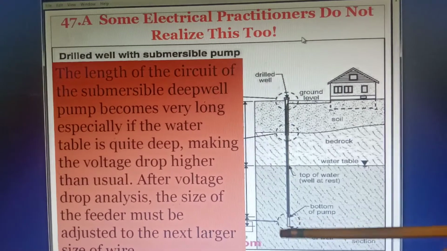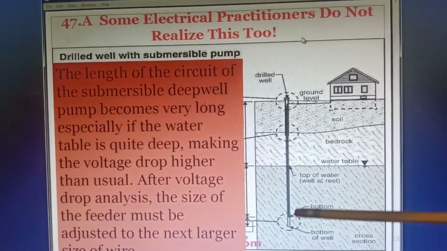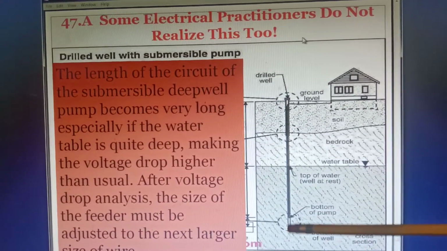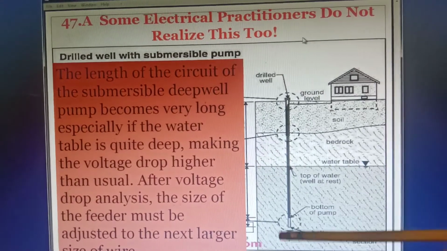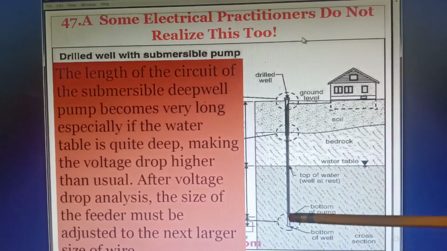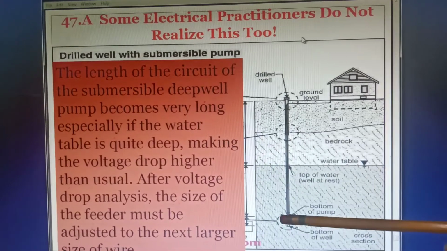It will have a shorter life, because every time it starts, the starting current is high, and also the running current is also high, so it reduces the life of the deep well pump.